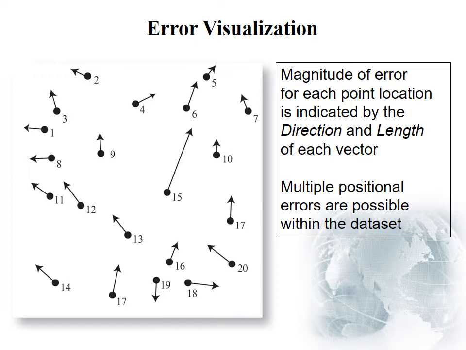So this slide is kind of an example of one of the techniques that we might use to visualize error, and in this case it's looking at point data. And let's pretend, suppose that the point locations are the dots on a map that we receive from someone else, or a data set that we receive from someone else.